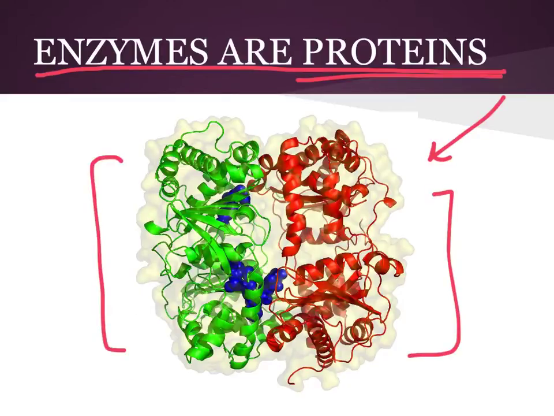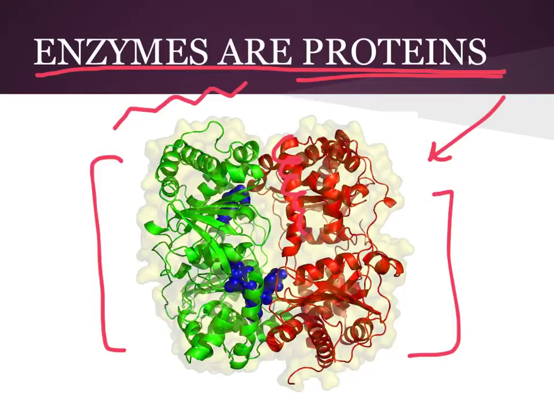Both the red and the green strand look like they're crumpled, or folded. Some of those folds are in spiral fashions, and some of them, if you look carefully, are in zigzag fashions. But the point is that enzymes are proteins because proteins are always folded molecules. They are characteristically folded molecules.